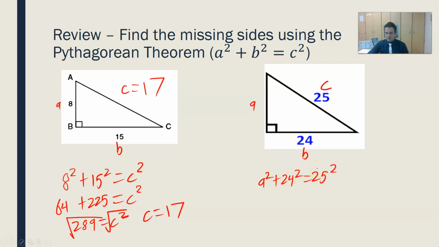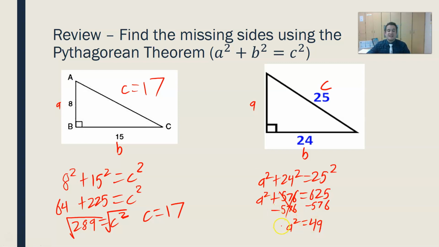I have A squared plus 576 equals 625. To get A squared by itself, I subtract 576 on both sides, which gives me A squared equals 49.